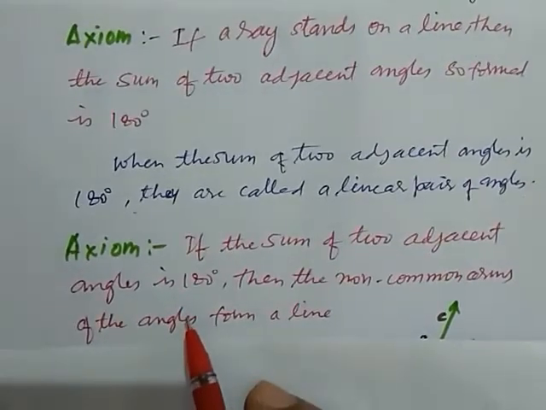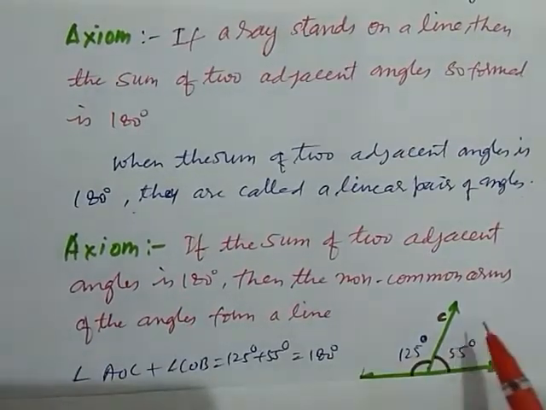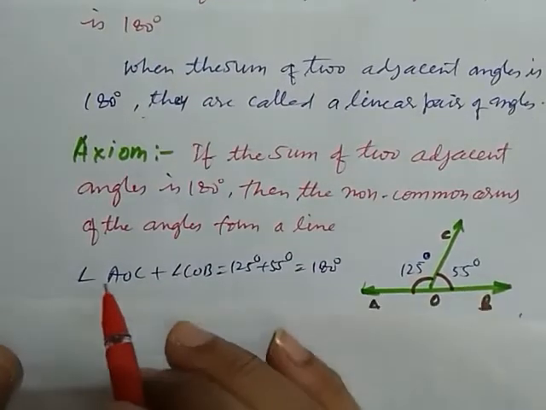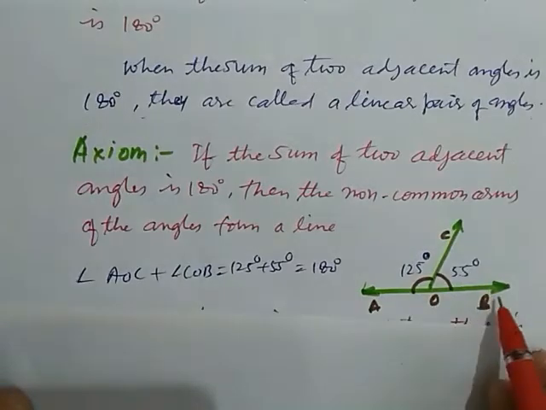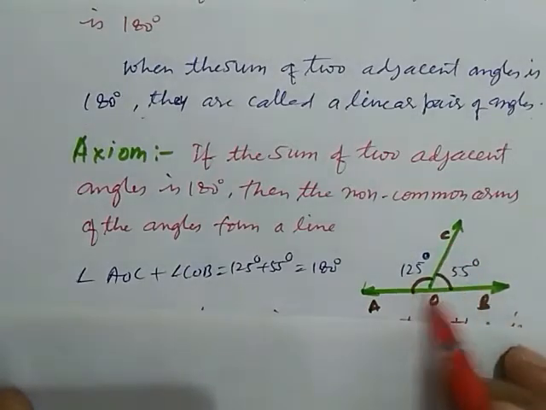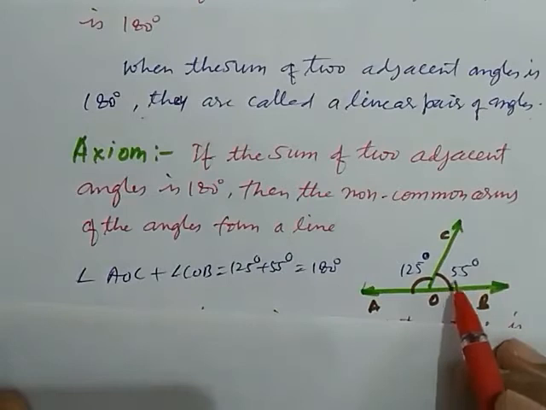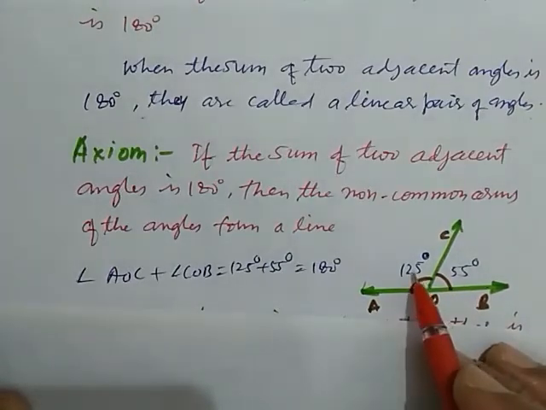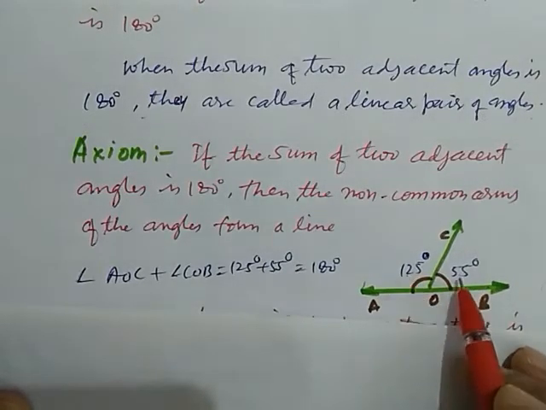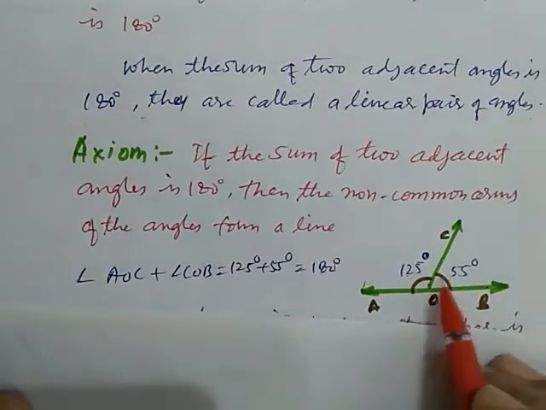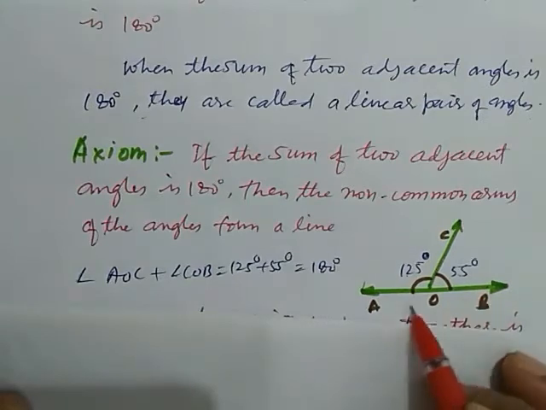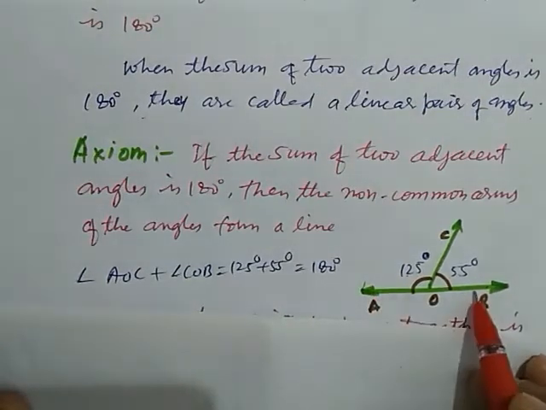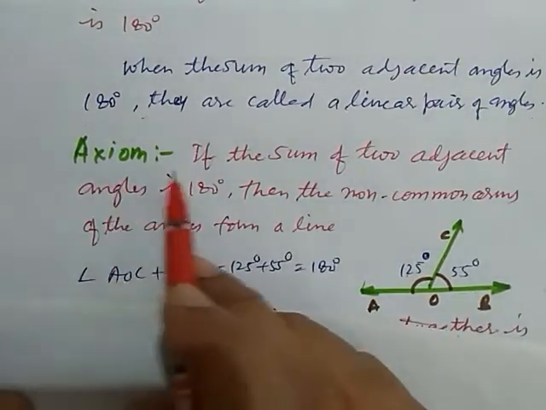So this is our second axiom. What is the meaning of this? This is angle AOC, and this is angle COB. Here these angles have measures 125 degrees and 55 degrees, and the sum of both is 180. So their non-common arms form a line, according to this axiom.